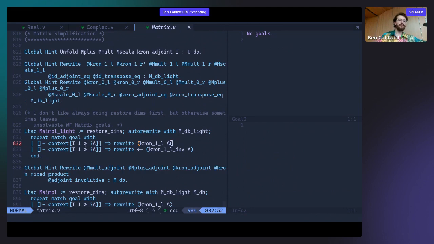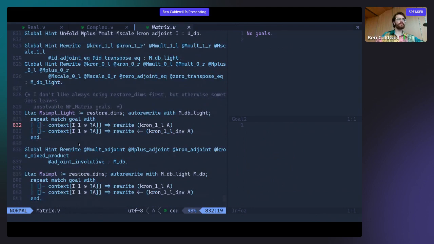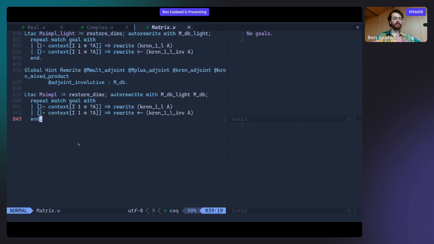It's going to try to say, okay, well, finding context, anything useful with, like, an identity Kronecker on the left side, or particularly this is a 1x1, and then we can just get rid of it. And so if we have a very complex equation, one of the first things we want to throw at it is going to be msimple.